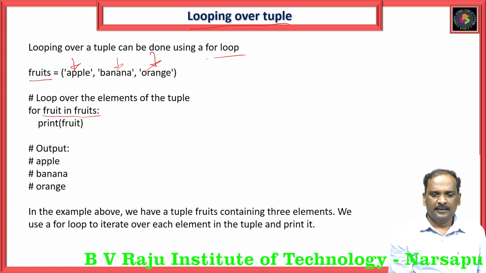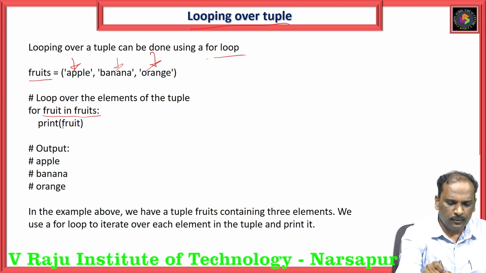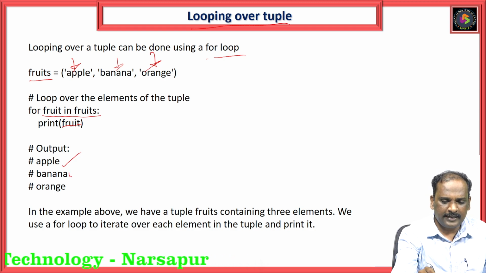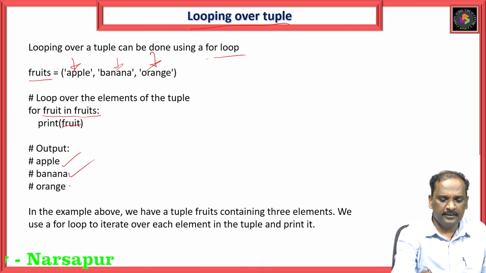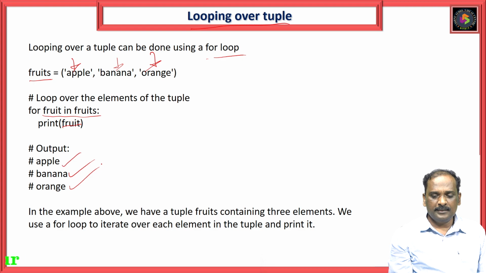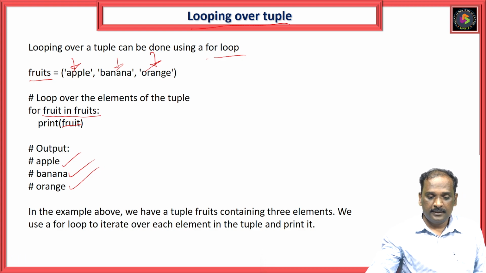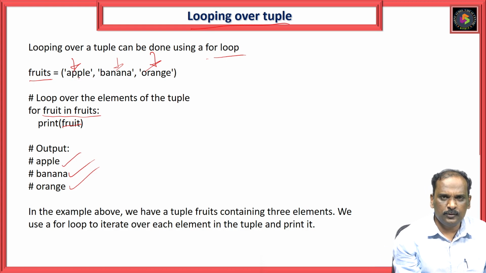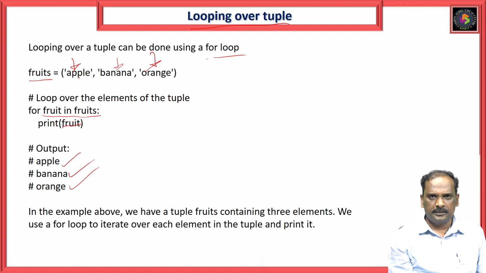Orange. When I display fruit, you can observe that the first element displayed is apple, the second is banana and the third is orange respectively. So here we are accessing the individual elements of the tuple fruits by using the for loop.